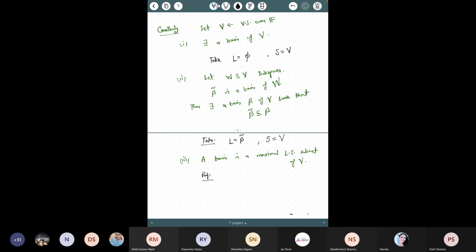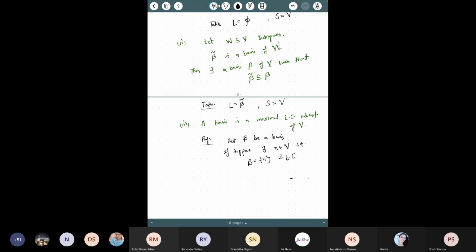So we cannot add any vector to this. So let's say we have a basis B, and suppose there exists x in V such that B union x is linearly independent.